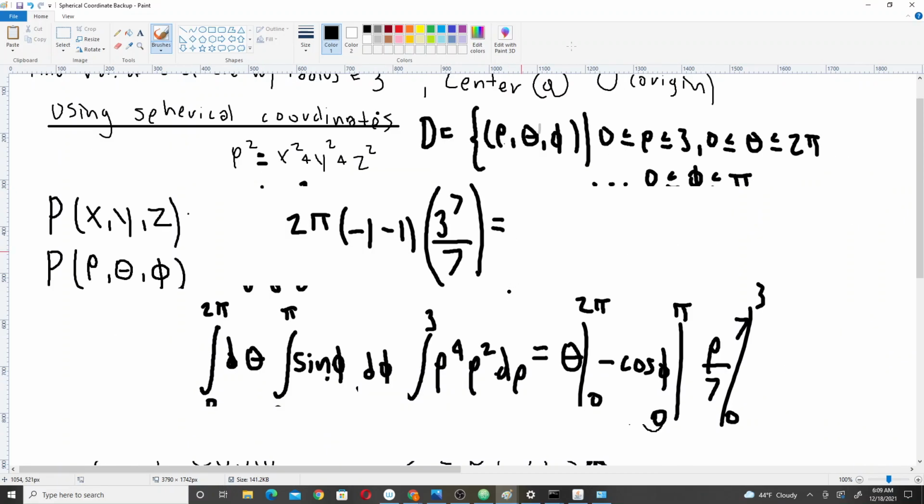I just put it into a calculator, and I get 3,926 units cubed. Alright, this is how you find the volume of a sphere given the radius using spherical coordinate integration. Have a good day. Good luck.